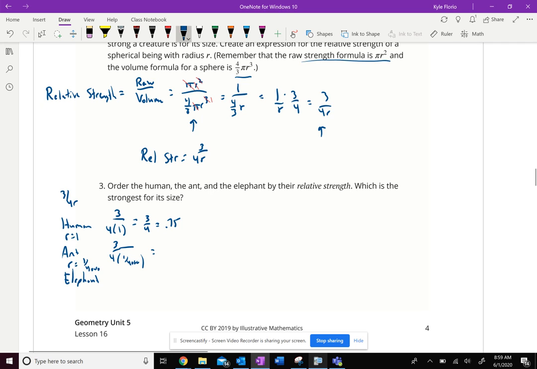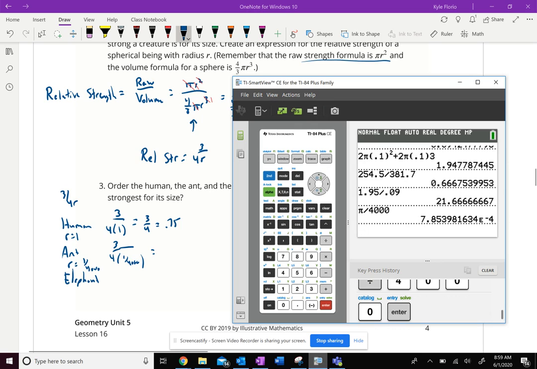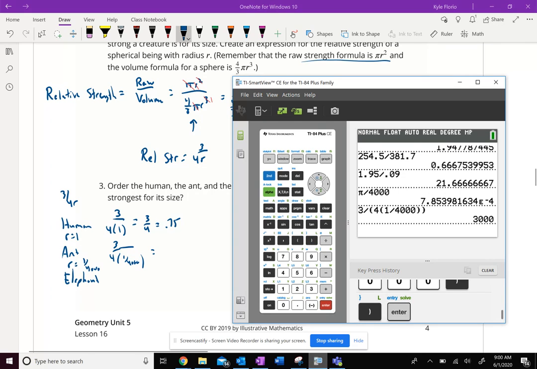We could simplify it, but we're just looking for an approximation, so I'm just going to put it in the calculator. So it's going to be 3 divided by, in the denominator we have 4 times 1 over 4,000. Close the parenthesis.